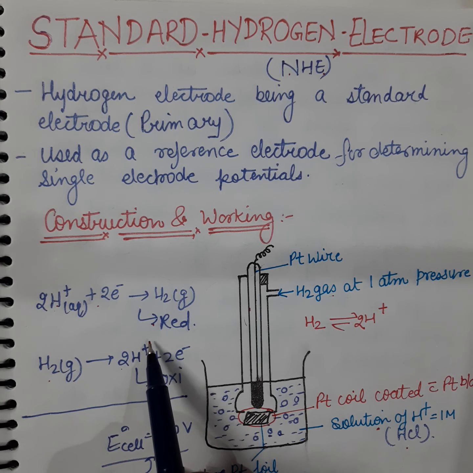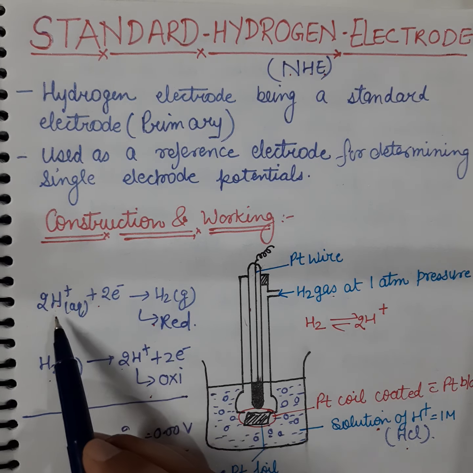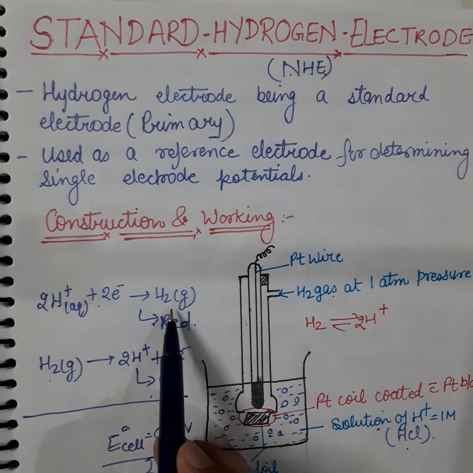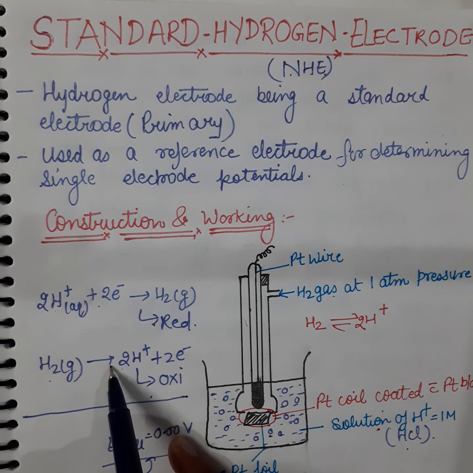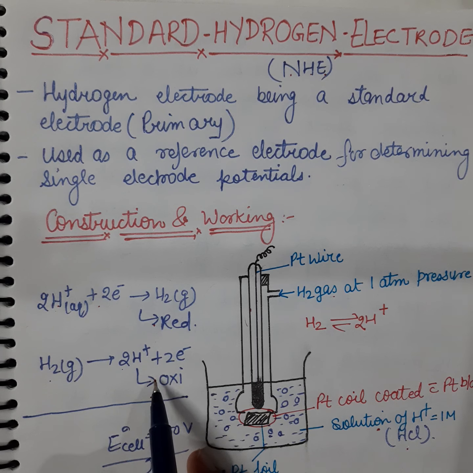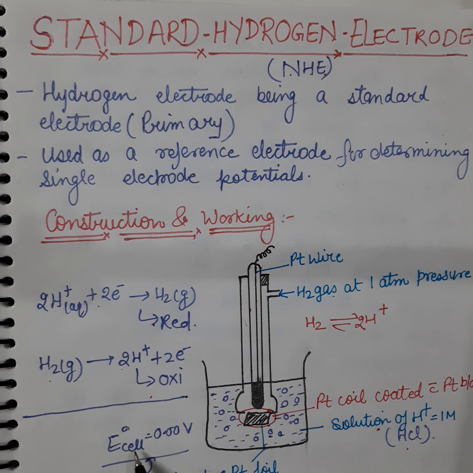First one is known as the reduction, another one is known as the oxidation. Here you can see 2H+ plus 2 electrons give rise to hydrogen gas, and H2 gas gives rise to 2H+ plus 2 electrons. So this is known as reduction, this is known as oxidation. By this whole calculation, we get the E0 cell is 0.00 at all temperatures. So basically students, this is known as standard hydrogen electrode.